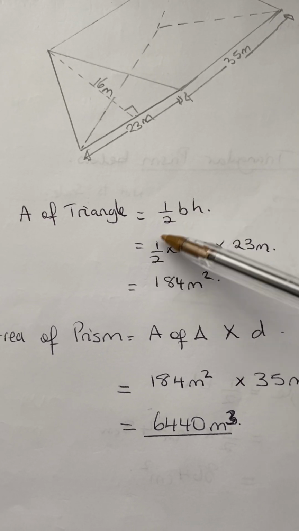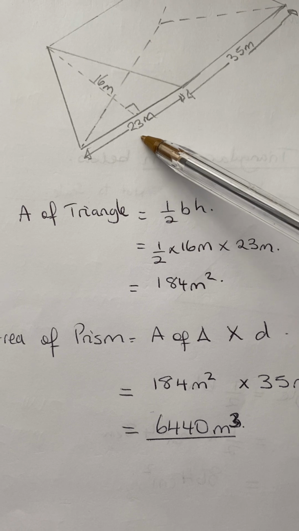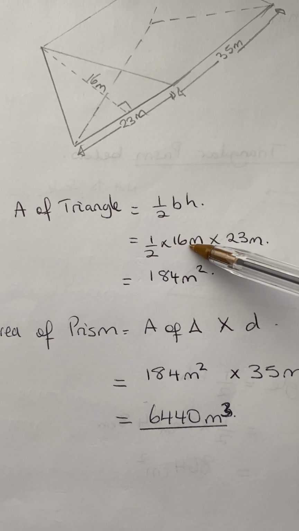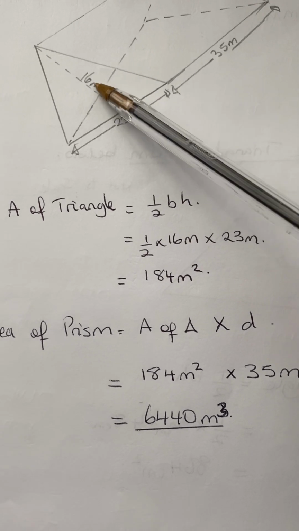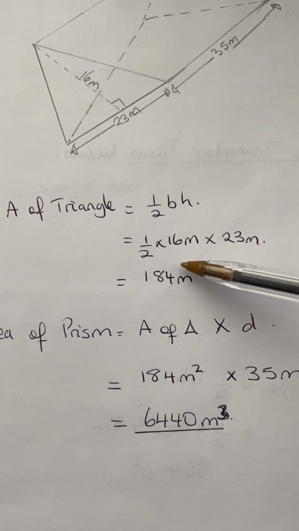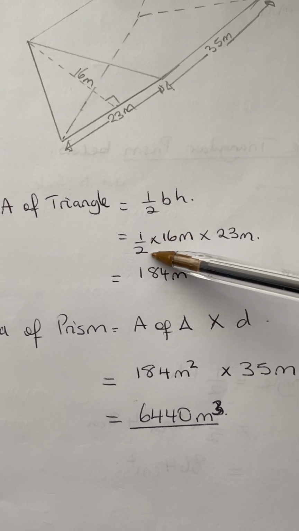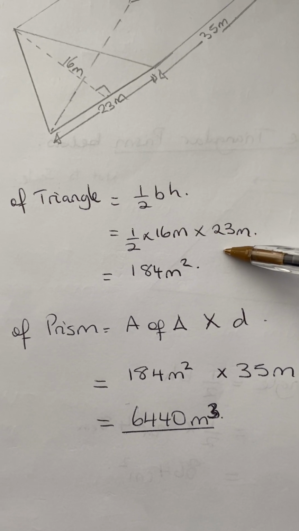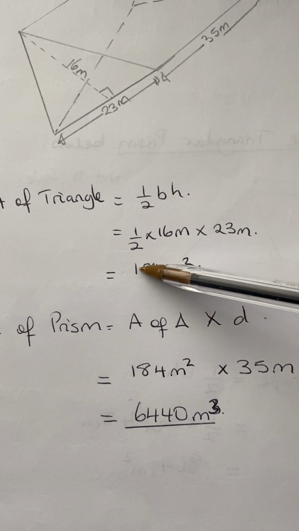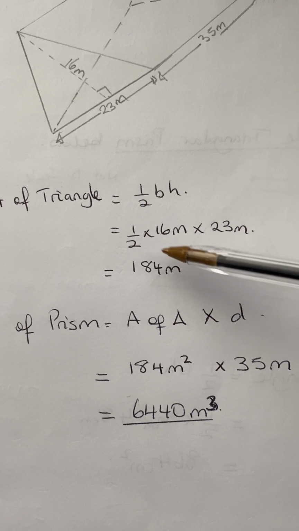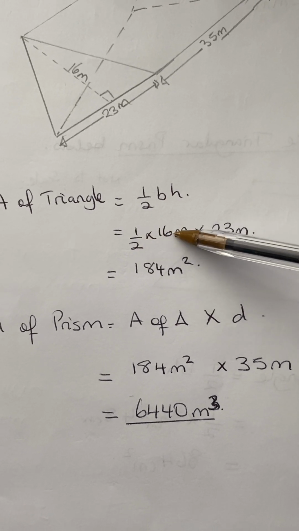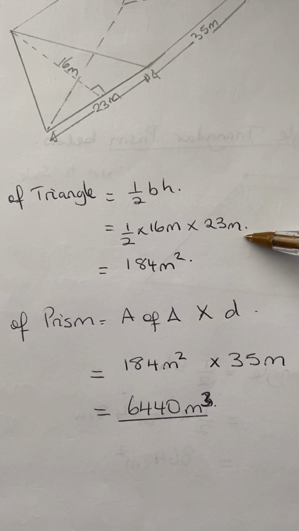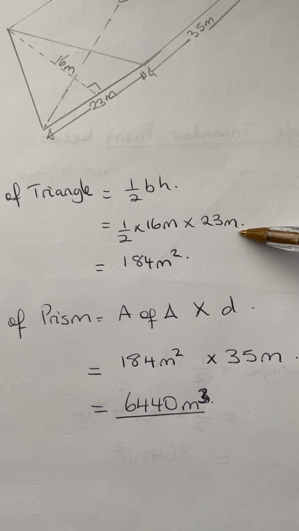So half, our base is 23 meters and our height is 16 meters there. So half, you can multiply 16 by 23 and divide by 2, or half 16, which is 8, and multiply by 23.